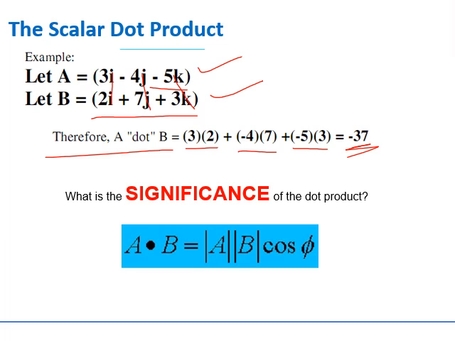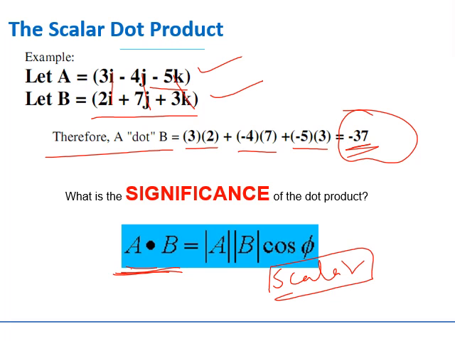So your total answer is negative 37. Now, what is the significance of the dot product? The dot product basically gives us a scalar quantity. When you are multiplying two vectors, after multiplying you are getting a scalar quantity which just has a magnitude and no direction associated with it.